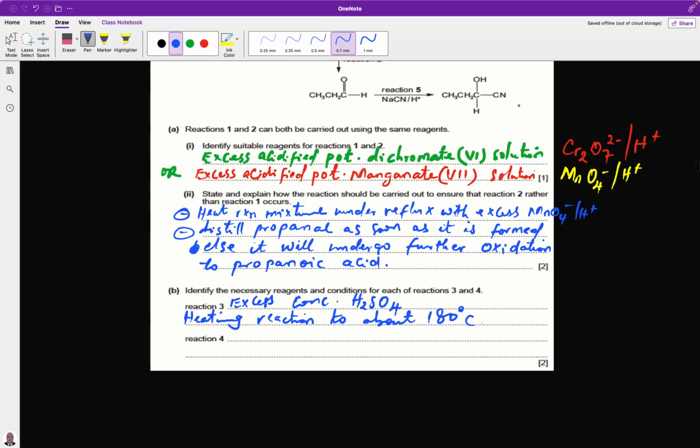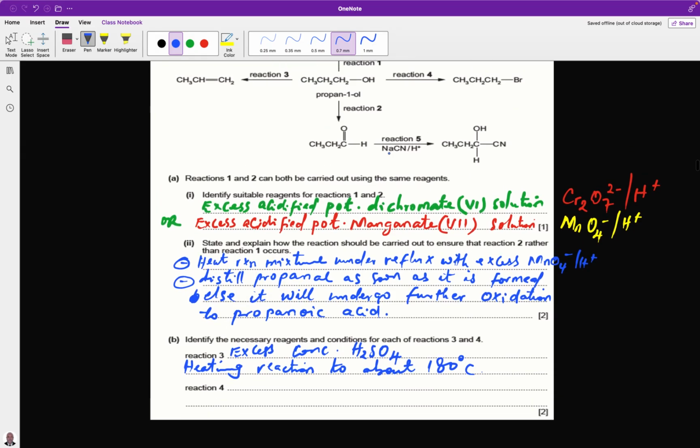Now, what will be the reagent? There are many sources of the halogen. We can produce a halogenoalkane by using a hydrogen halide.